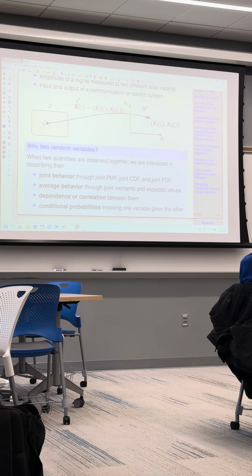This is called a vector random variable, which means that it consists of two quantities, two random variables. That's why this is bold. Note that right from here. This is bold, uppercase, the notation for a vector random variable.